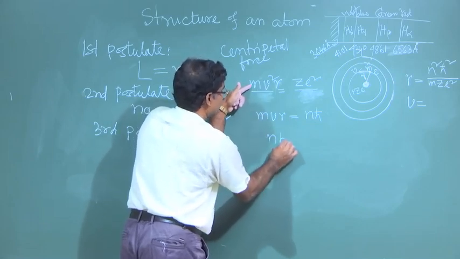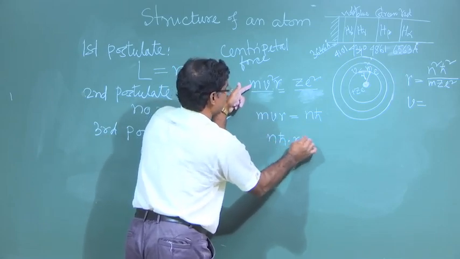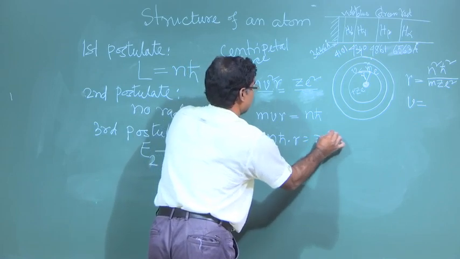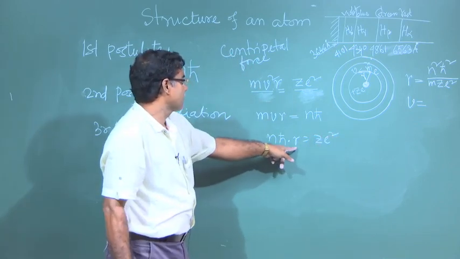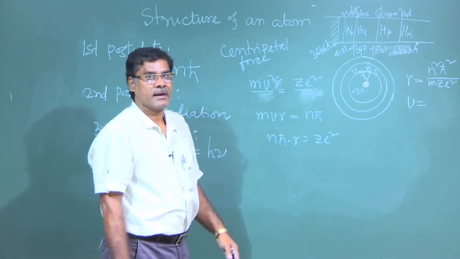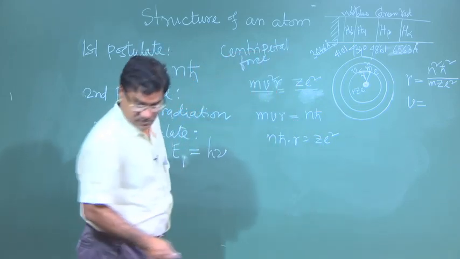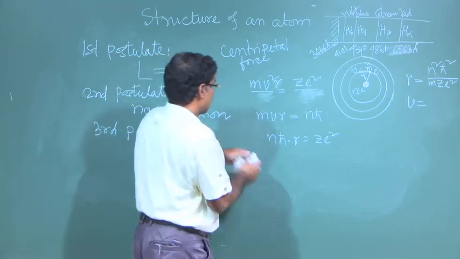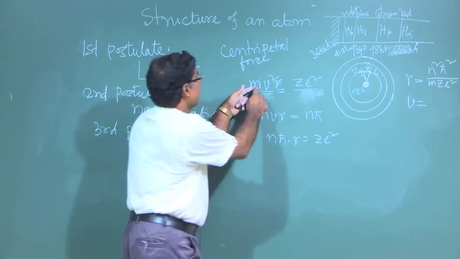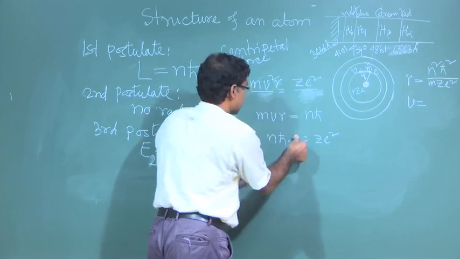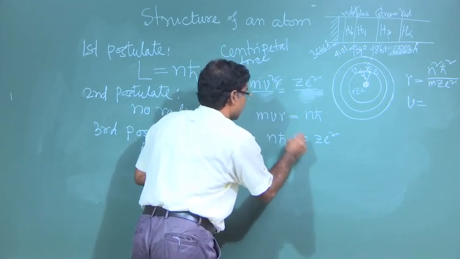So, I can write n h cross into v equal to Z e square. Okay.